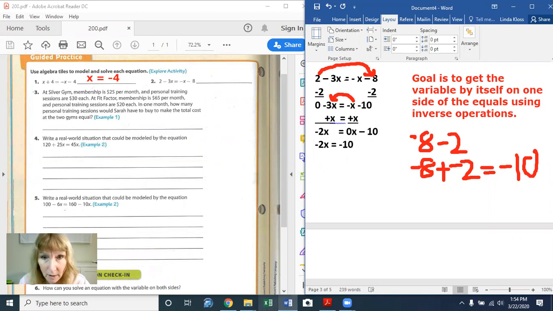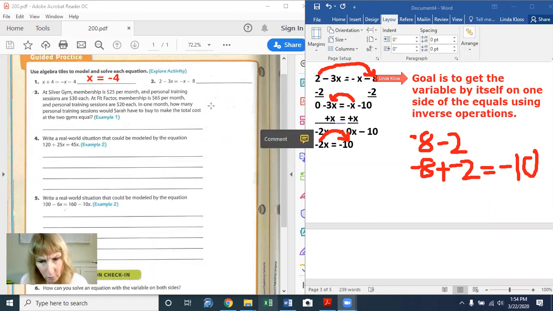Now, I'm not quite done yet. I still have to get the negative 2 somehow over to this side so that I can use my goal of getting x by itself, correct? So to do that, I have to do the opposite or inverse. We have a multiplication issue, negative 2 times x.